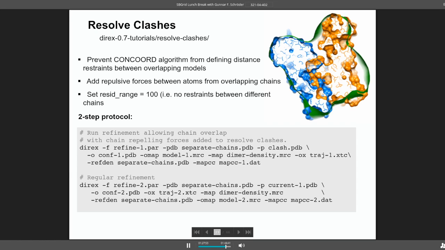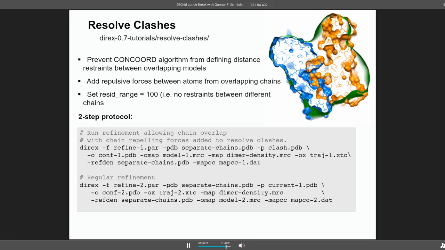Maybe one note also on the typical problem that happens if you have a large protein complex that consists of individual chains, and you have individual models for these chains, and now you want to combine this into one large model. Then oftentimes that doesn't really fit without any clash, and many programs will have problems with heavy clashes between models.